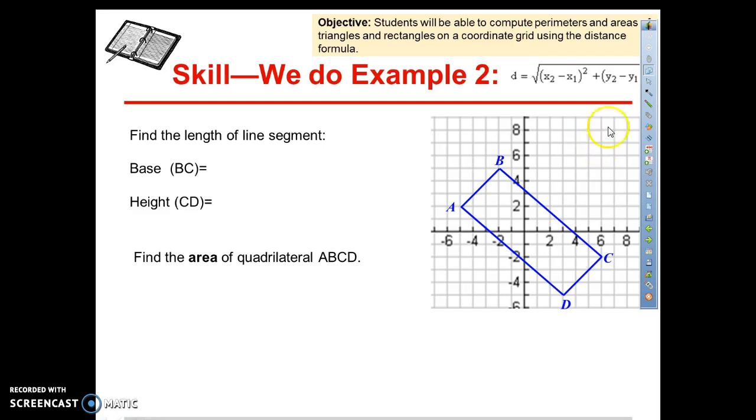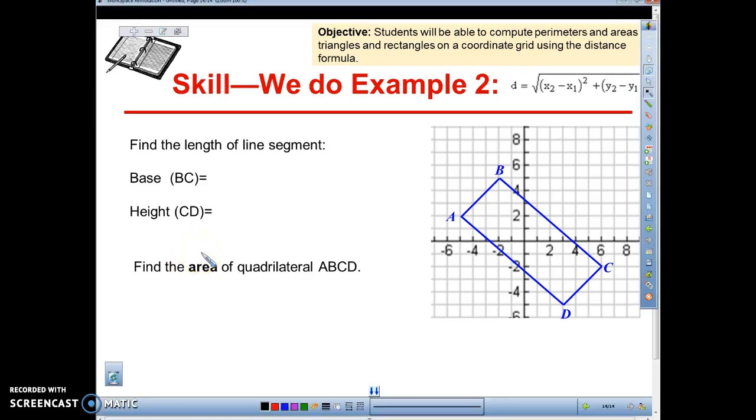In order to calculate the area of this guy, I'm just going to multiply length times width. Length times width will give us our area. So remember, BC was 10.6 units, and the height of this guy, or the width, is 4.2 units.